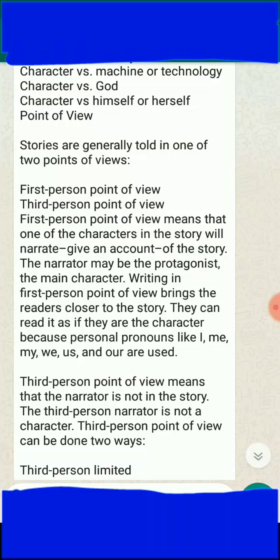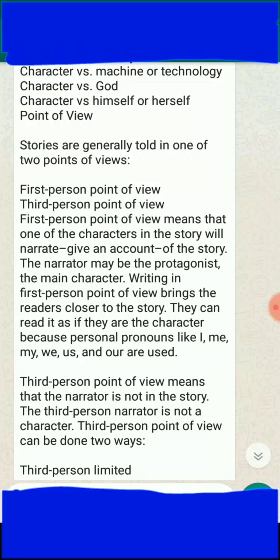The narrator may be the protagonist, the main character. Writing in the first person point of view brings the reader closer to the story. They can read it as if they are the character, because personal pronouns like I, me, my, we, us, and our are used.